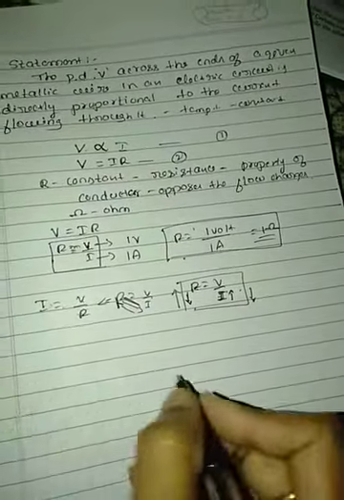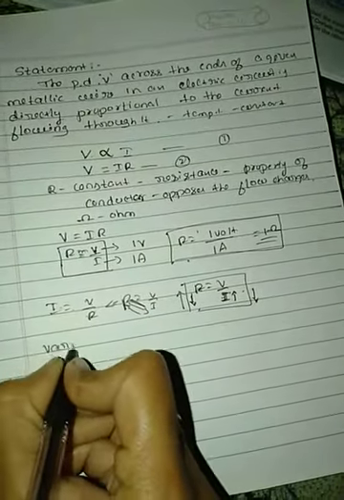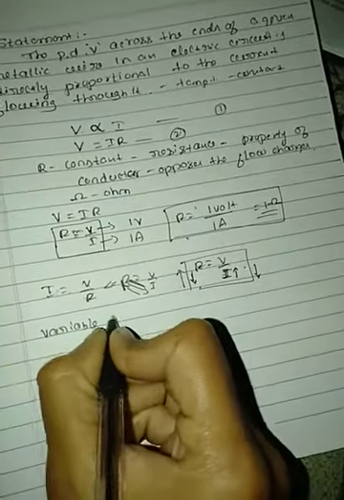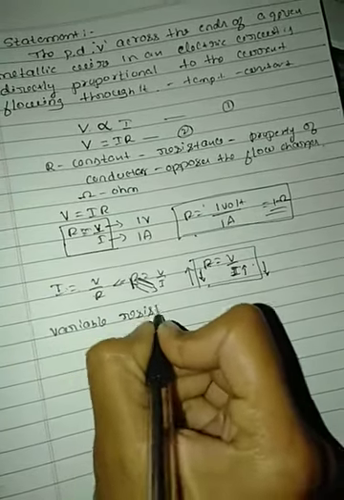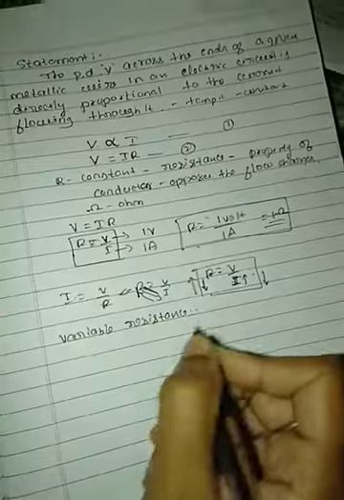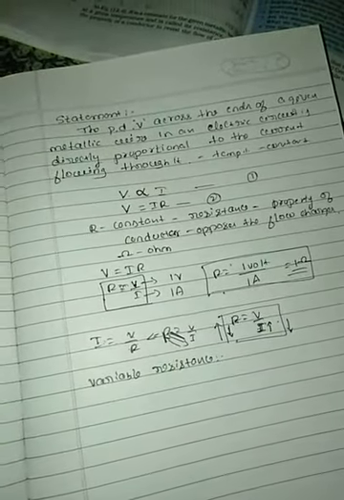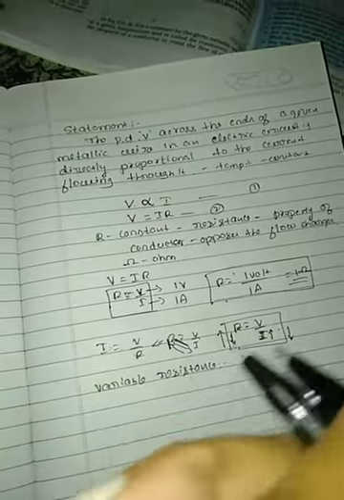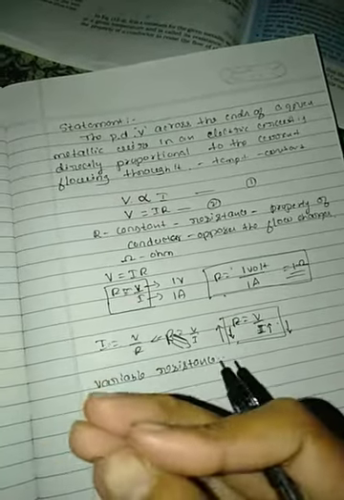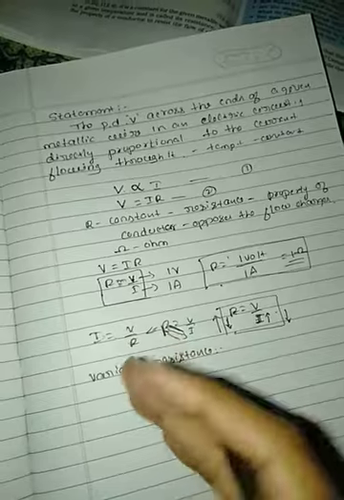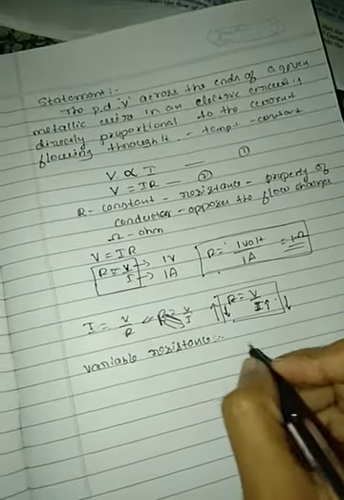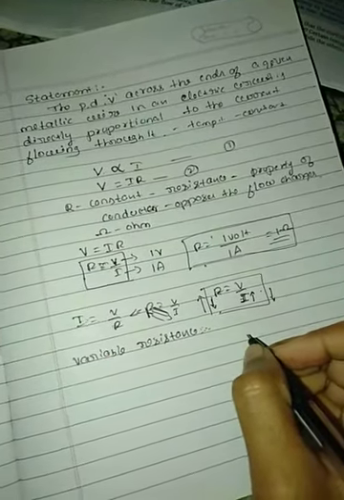Generally, we use variable resistance. Variable resistance is a component or an instrument used to regulate the current. Regulating the current means changing the current without changing the voltage.